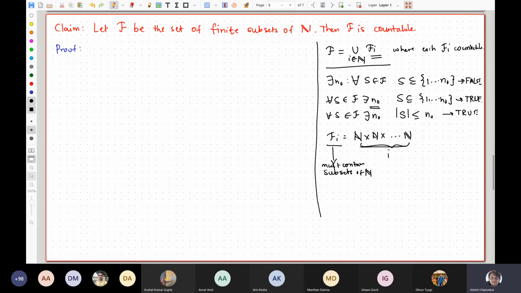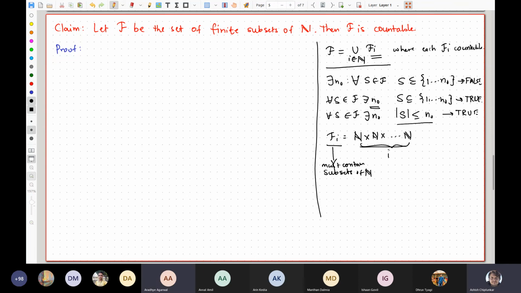Okay, Aradhya, your hand is up. Sir, I do not agree with the claim that for all S belonging to F, there exists an n naught such that the cardinality of S is less than or equal to n naught. I can construct an F where there does not exist such an n naught.